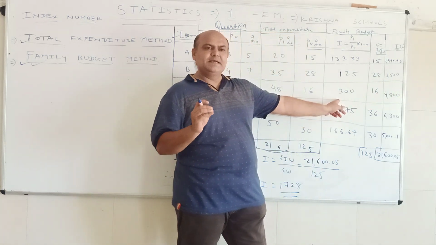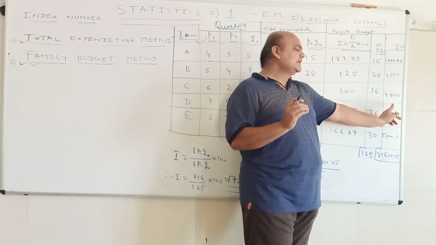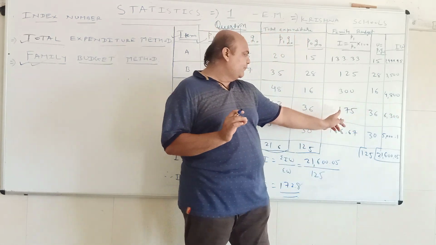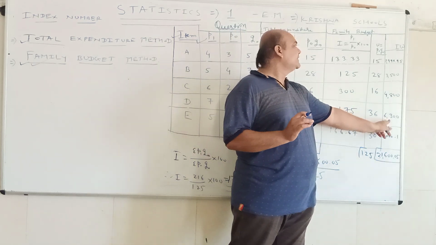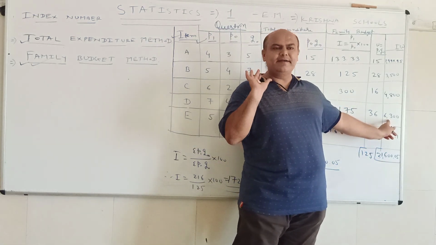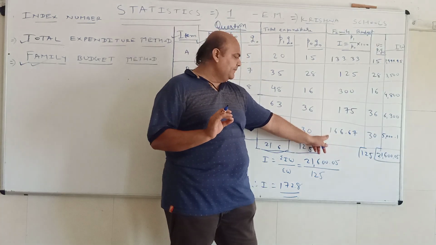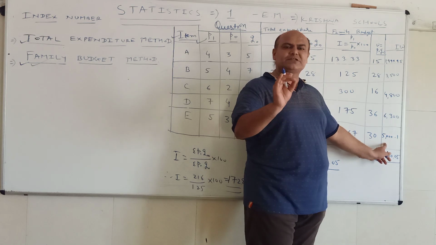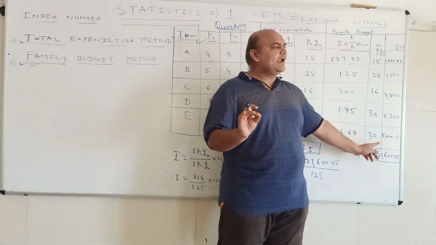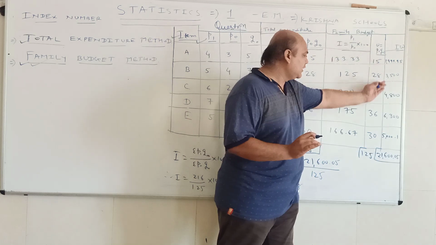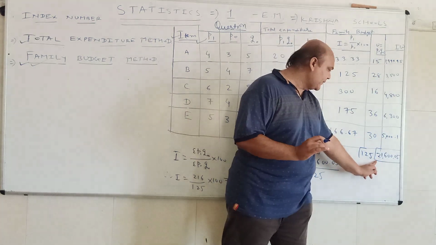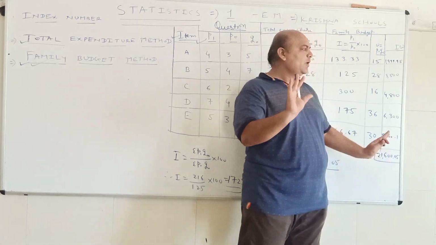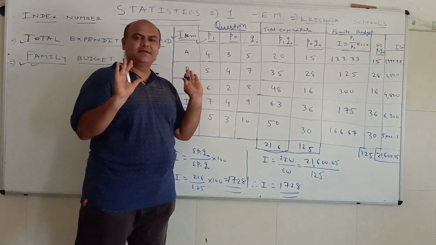Third item C, 300 into 16, the answer is 4800. Fourth item D, 175 into 36, the answer is 6300. Item E, 166.67 multiplied with 30, the answer is 5000.1. And after that, the total of column IW is 21600.05. Now, our raw material is ready.